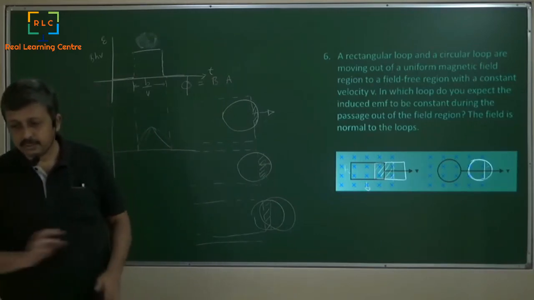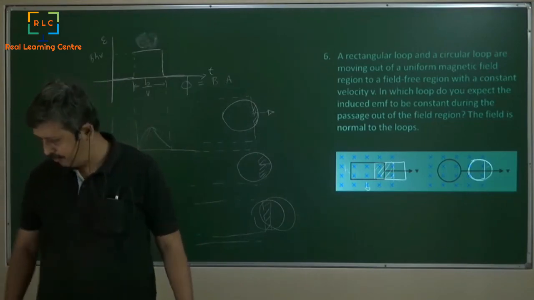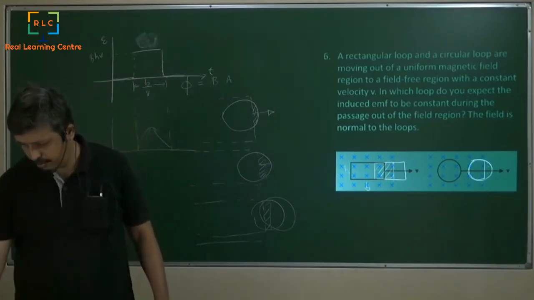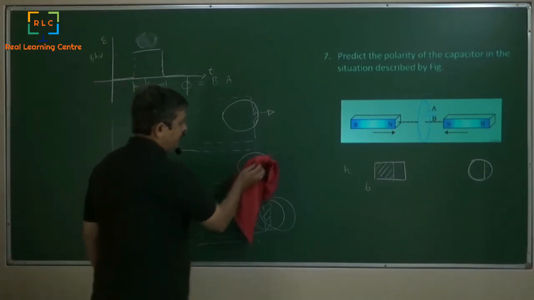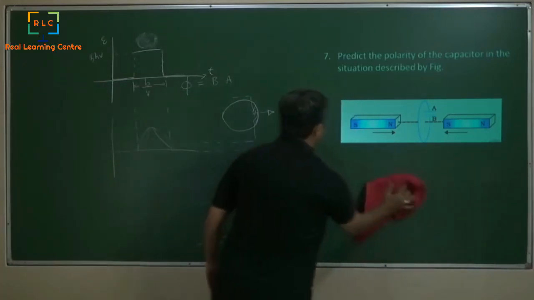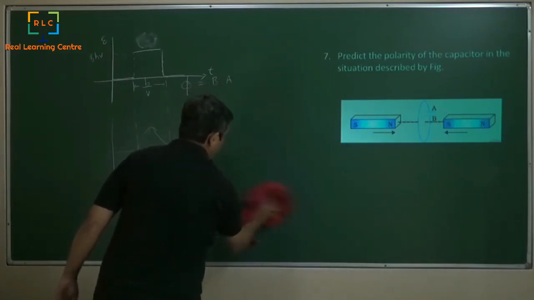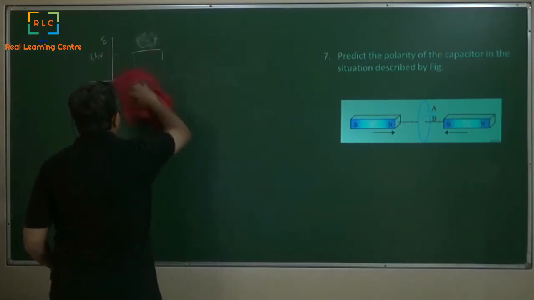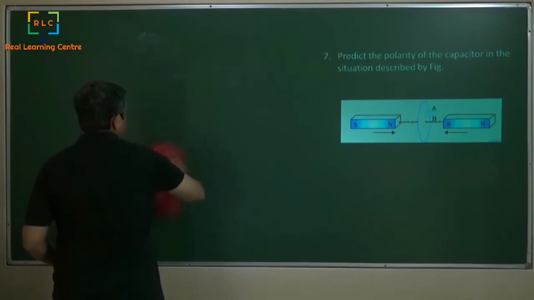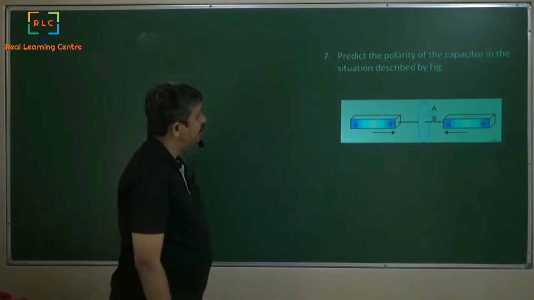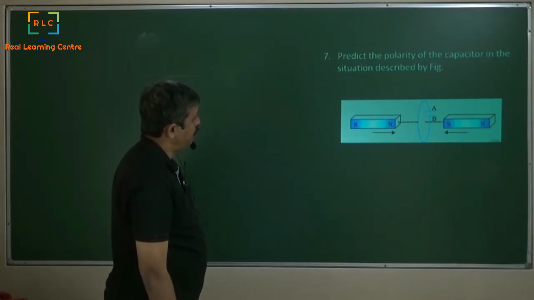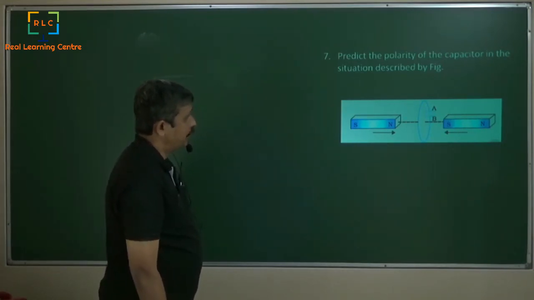So that actually gave us. I think there may be just one more question. So in this question, predict the polarity of the capacitor in the situation described by the figure.